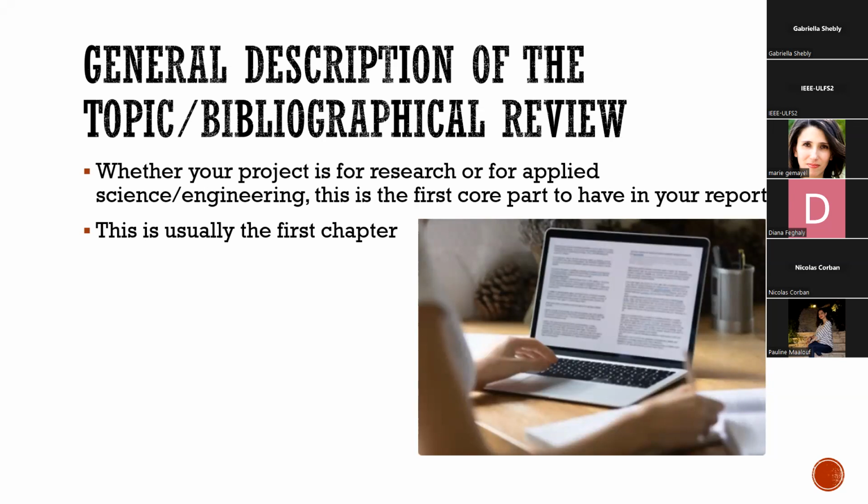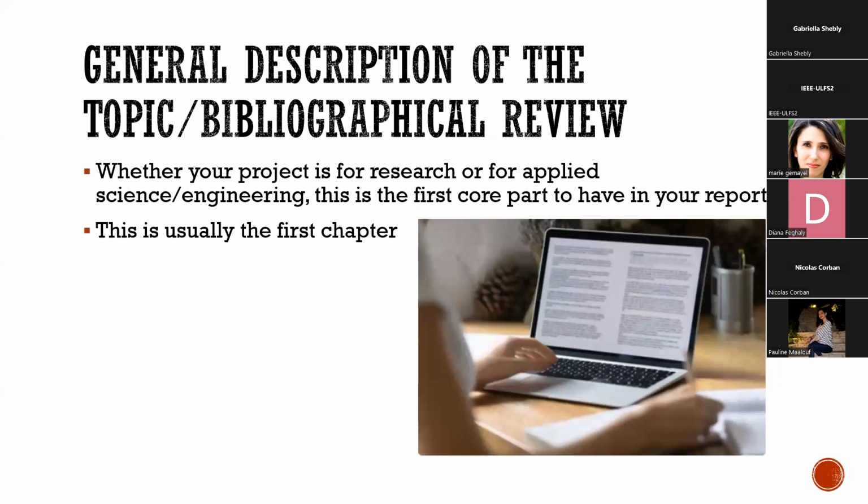I don't want to read everything you read about the topic. I just want the essential elements that you are going to either refer to or are going to be important to introduce the topic to me. So I'm the reader. I want all the report to be coherent and to have one objective: explain your own work to me.